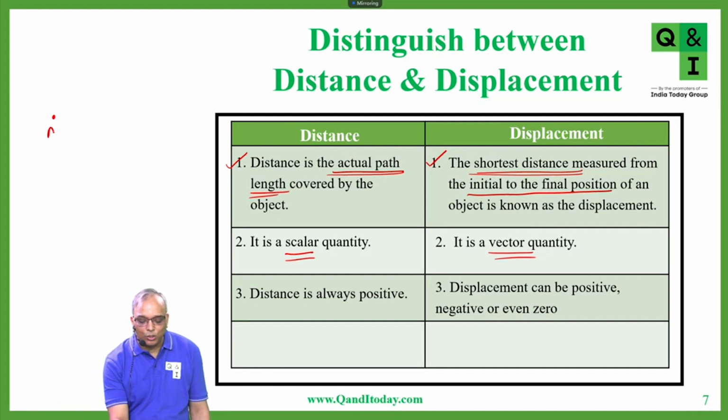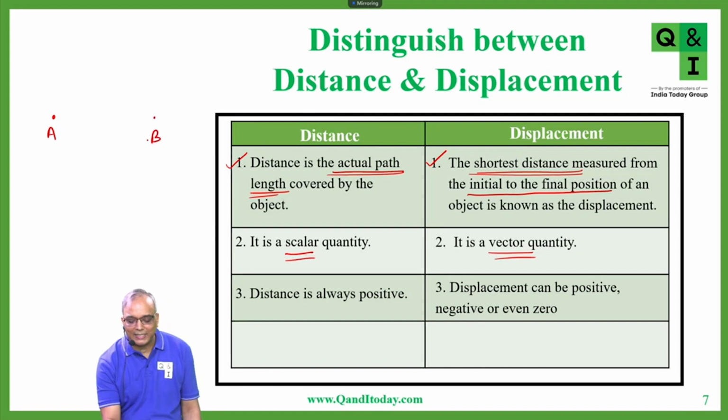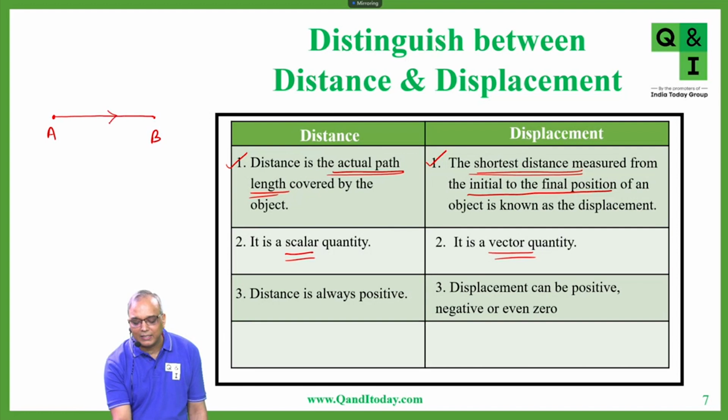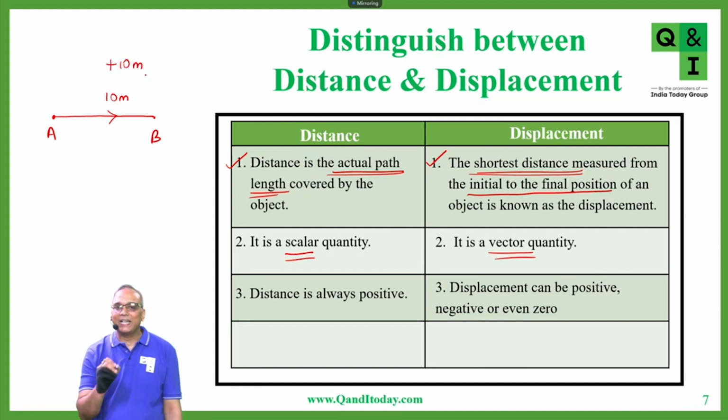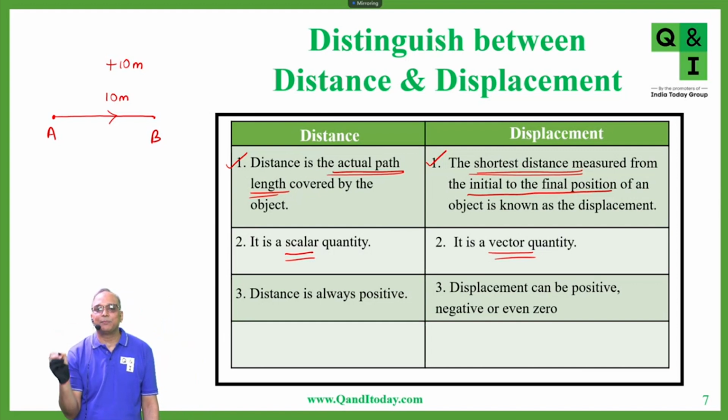Let's say you have the initial point as A and the final point as B. If the body is moving from A to B, and let's say it has moved a distance of 10 meter, then the displacement will be plus 10 meter, because we are considering the right side direction as positive.